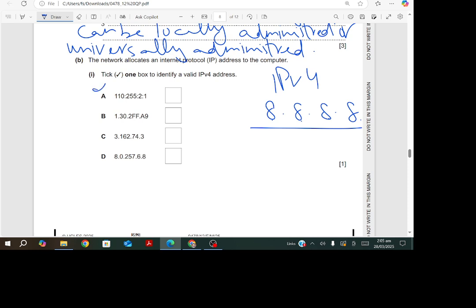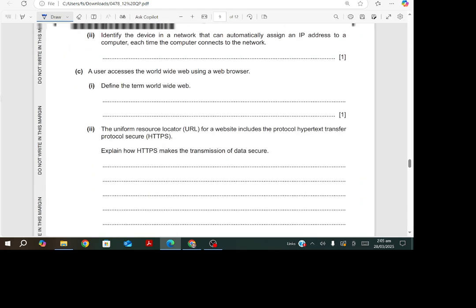First one cannot be true because it is separated by a colon. Second one cannot be true because it has more than 8 bits. Third one, 8, 16, 24, 32. Very good. C is correct and this one is wrong because it has 5 groups. Easiest thing to do.